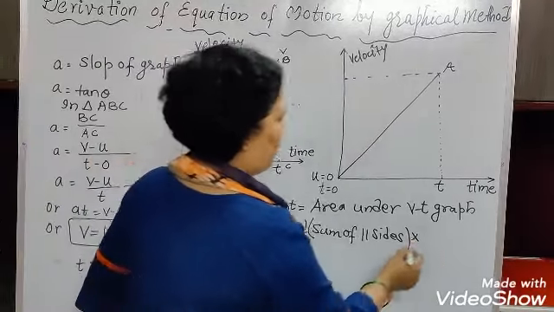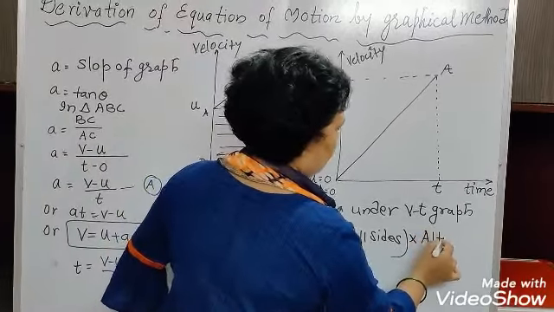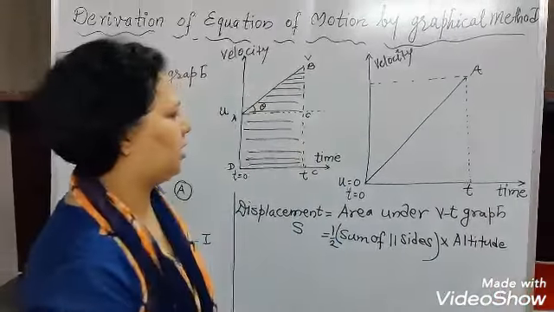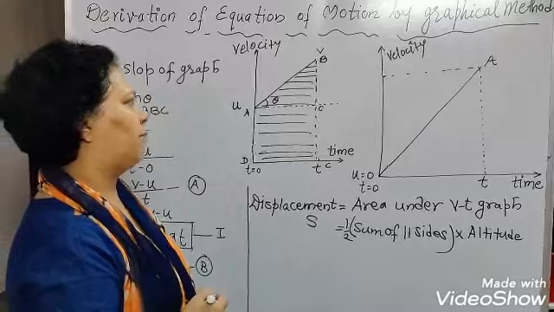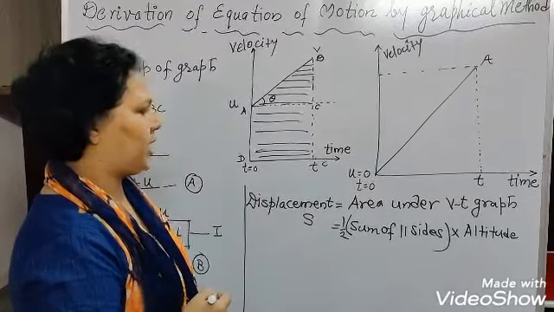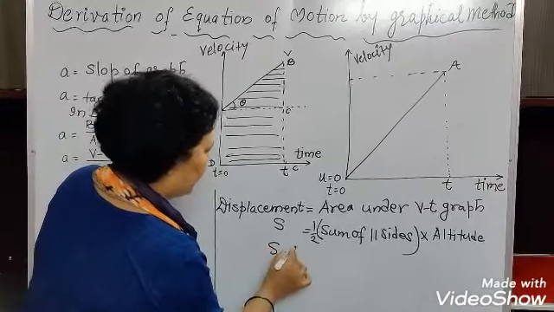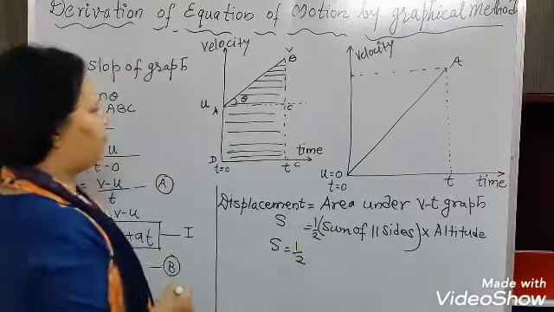So I am writing here altitude. The altitude means simply the distance between the two parallel sides, and you can see that S is equal to half the sum of parallel sides.